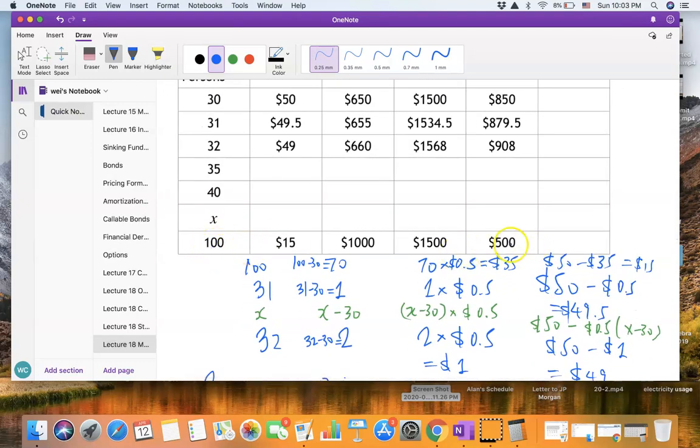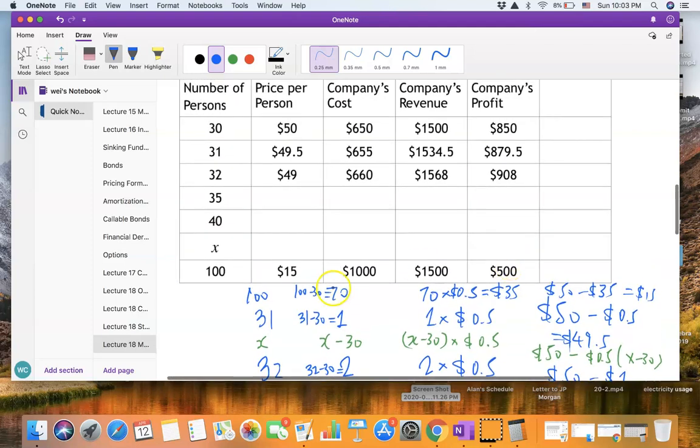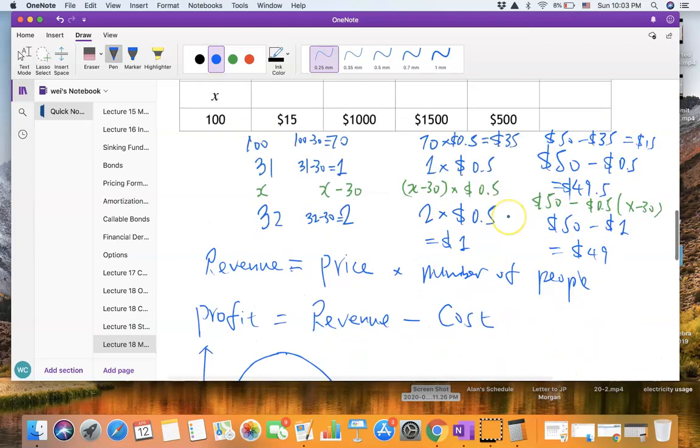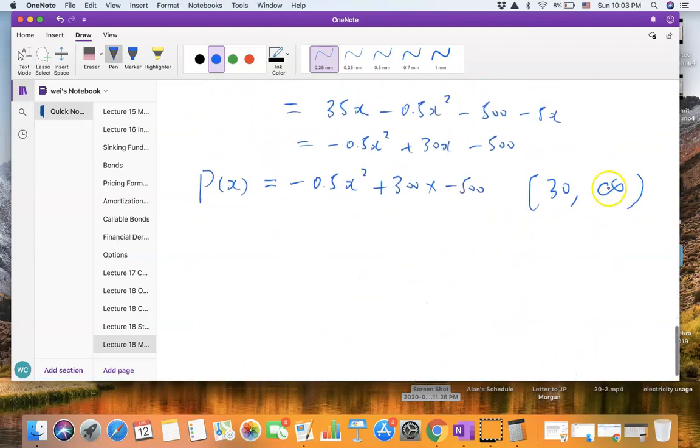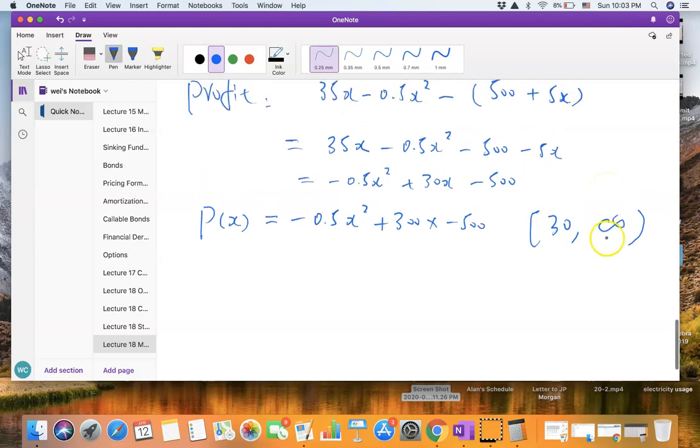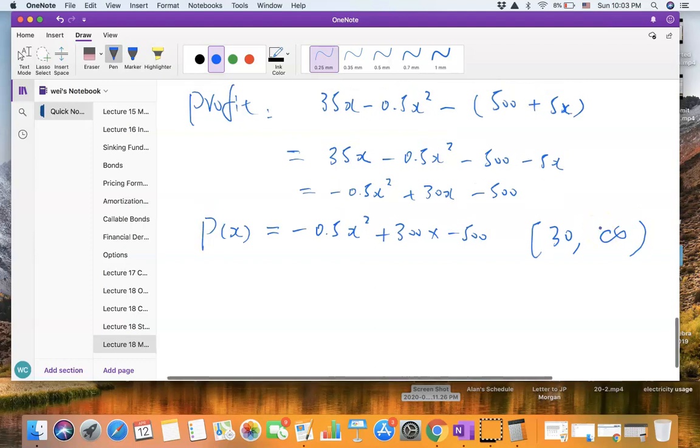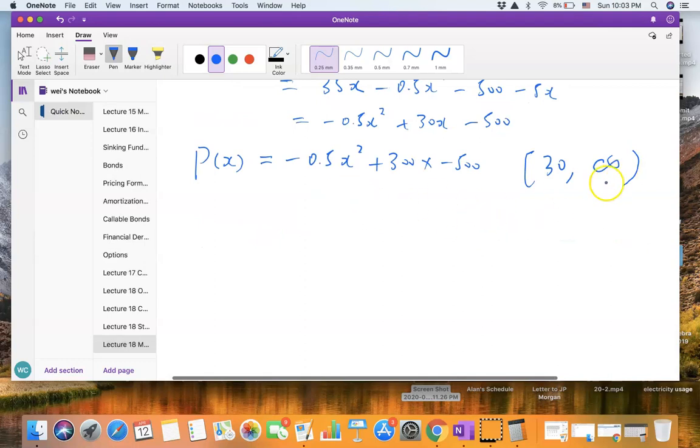And the profit when x is 100 is less than this, right? So actually, we won't consider numbers over 100. But this doesn't matter.